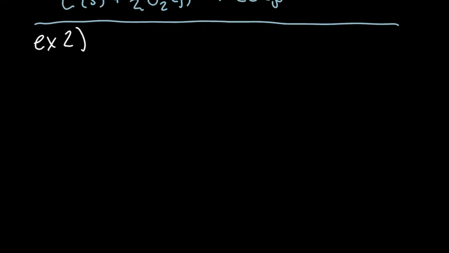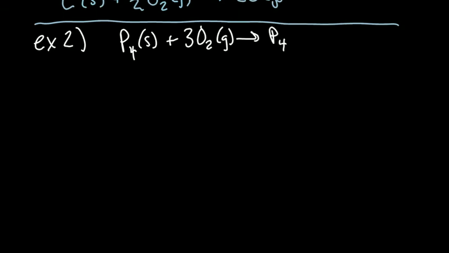I'm given the following equations. I have P4 solid plus 3O2 gas going to P4O6 solid. I'm given a delta H of negative 1640.1 kilojoules, of course, but for the sake of space.